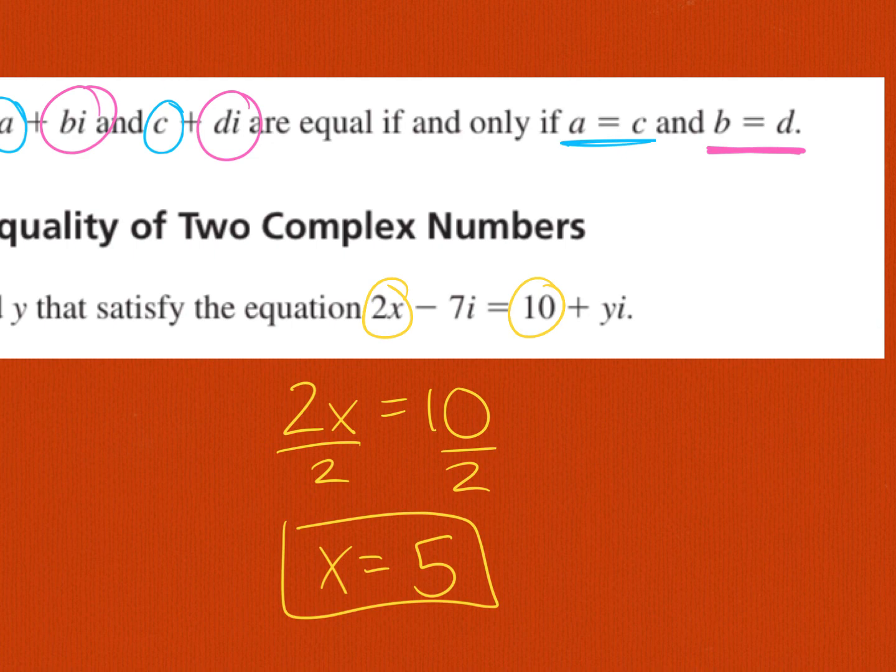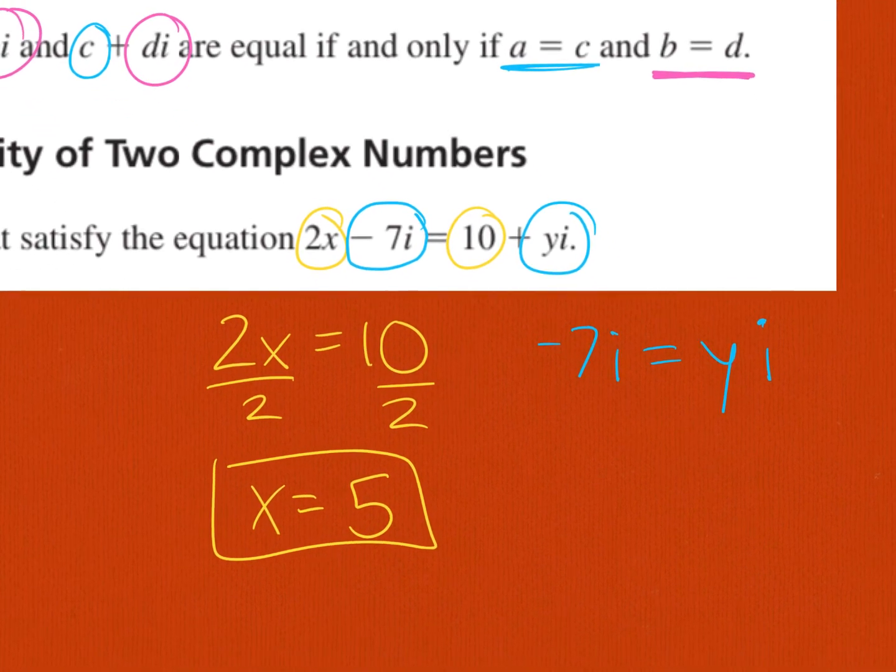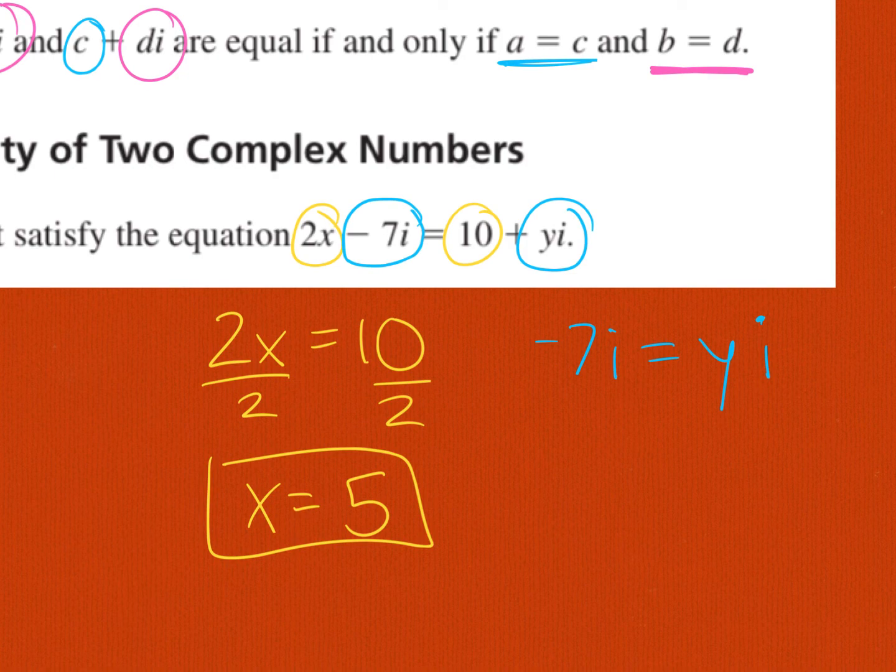And then I need to look at the imaginary parts too. So what are my two imaginary numbers here? Awesome. Negative 7i. So it's not just a minus. It sticks with the 7. So negative 7i and yi. So negative 7i is equal to yi. Now my goal here is to solve for y. So how do I get the y all by itself?